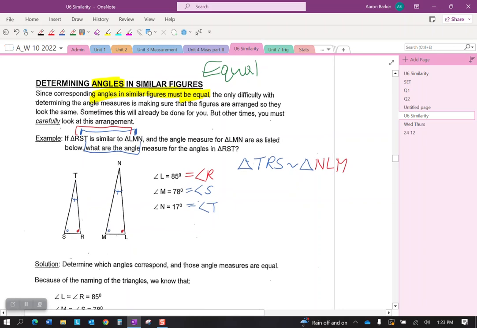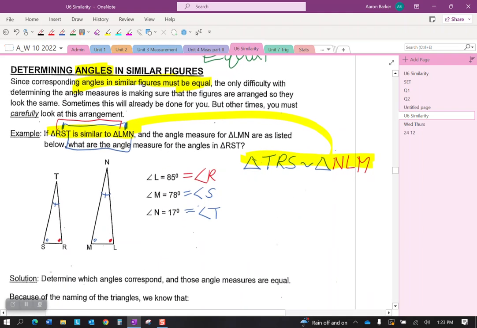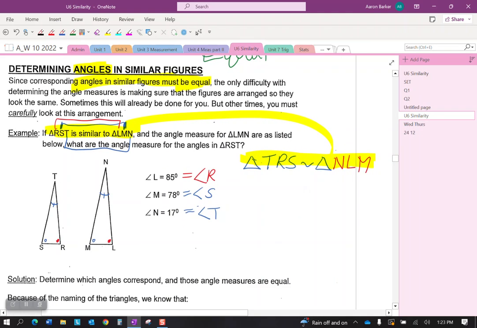Now looking at the two names, triangle TRS and triangle NLM, versus the triangle names that they gave us, which one do you think is better? The one they gave us or the one I just made up? And why? Any ideas?